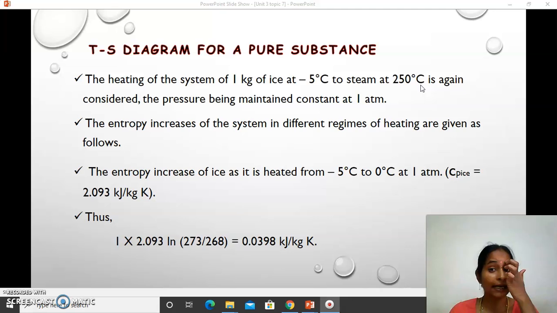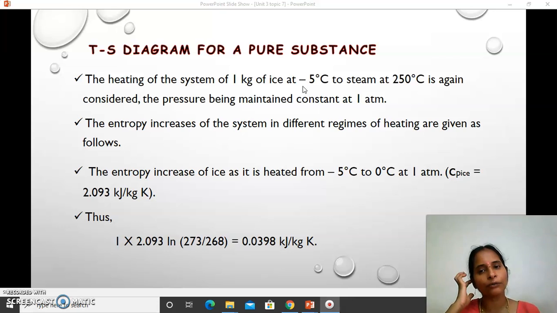Again, we have already considered the same conditions, and I started with minus 10 degrees Celsius for drawing the PV diagram. Whether it is minus 10 or minus 5, it should be lesser than 0 degrees Celsius, so that you can know how the temperature varies and what happens to these properties when heated. That was the purpose here.